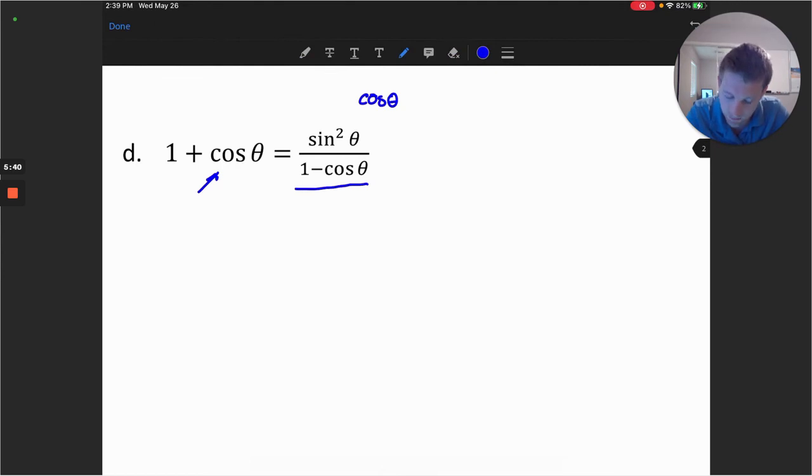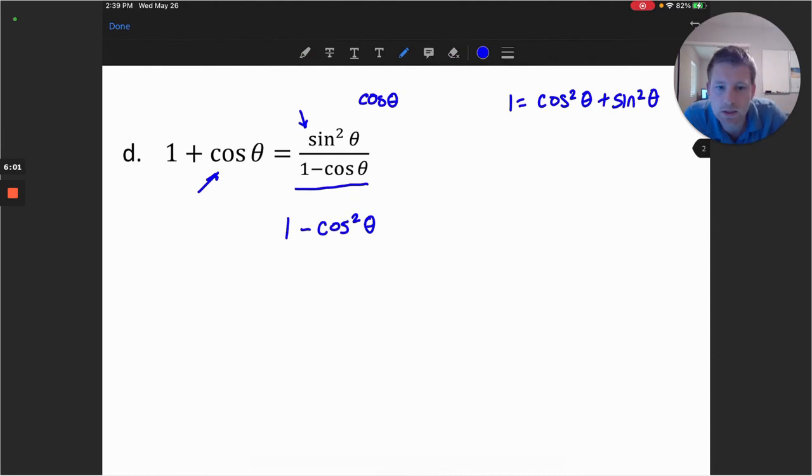I know 1 is equal to cosine squared plus sine squared. And so sine squared itself is going to have to be 1 minus cosine squared theta, just by doing a subtraction there. This is all over 1 minus cosine theta.